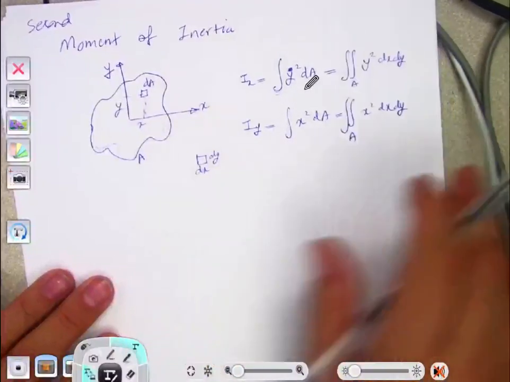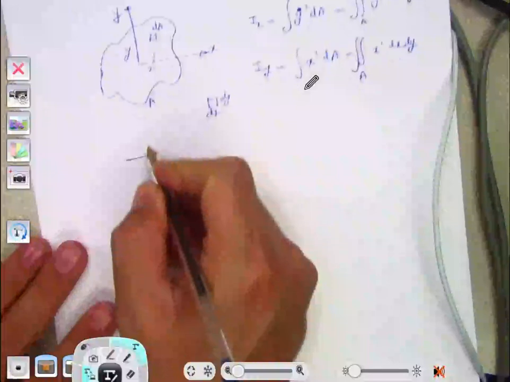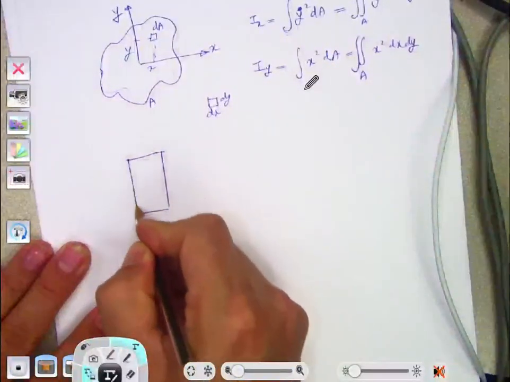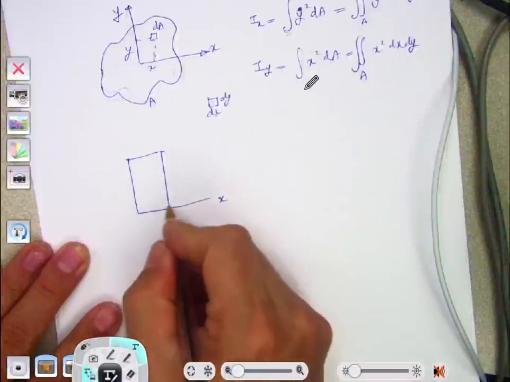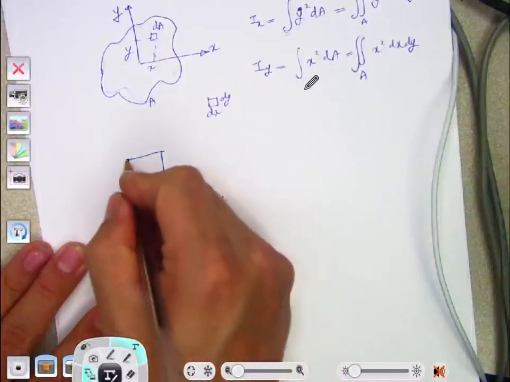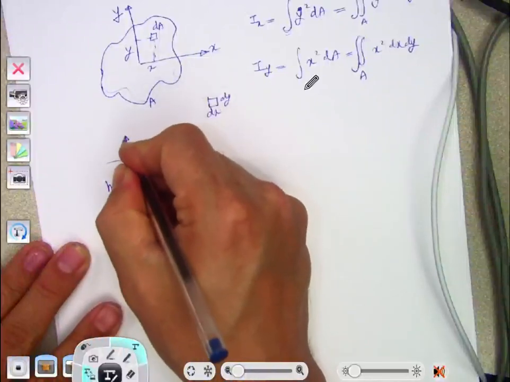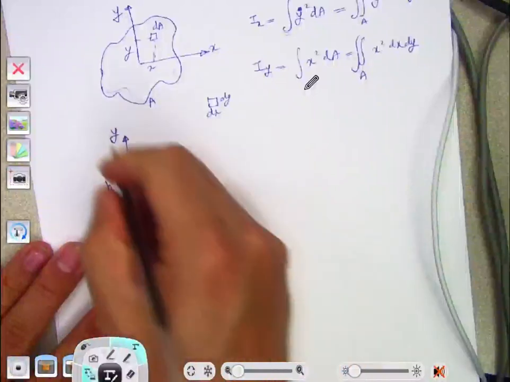Let's see what the moment of inertia of a rectangle would be. Let's say we have a rectangle, and this is my x-axis, the base is b, and this is the height h, with x and y axes.